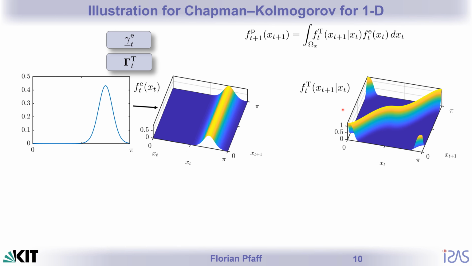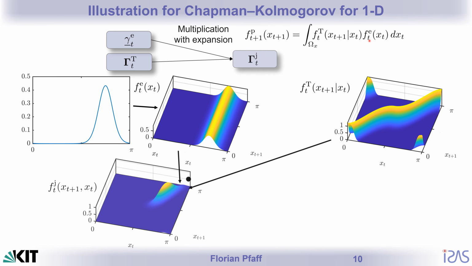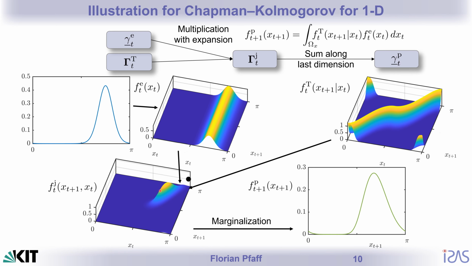And then we've got the transition density that is both variant on the current and the next time step. Then what this is here, this is just like a joint density that we obtain if we multiply these two functions. All we have to then do is perform this last step, the marginalization, to obtain the predicted density for the next time step.